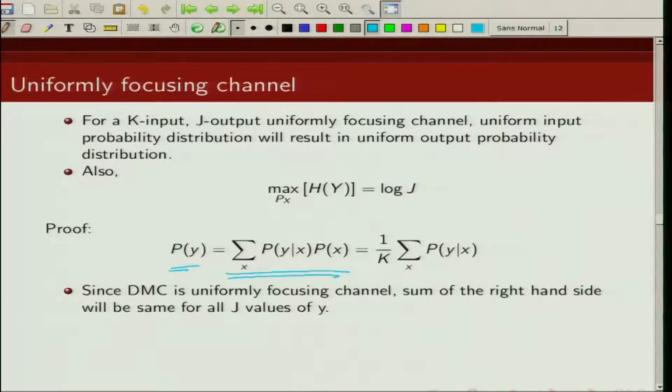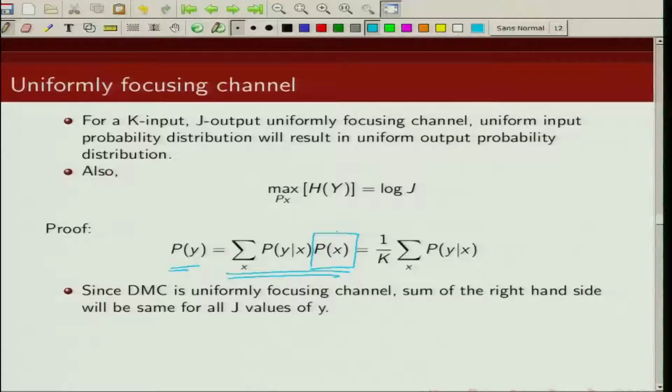Now, if we consider a uniform input distribution, since I have k inputs, p(x) will be 1 by k. If I plug this value of p(x) here, then p(y) becomes this.